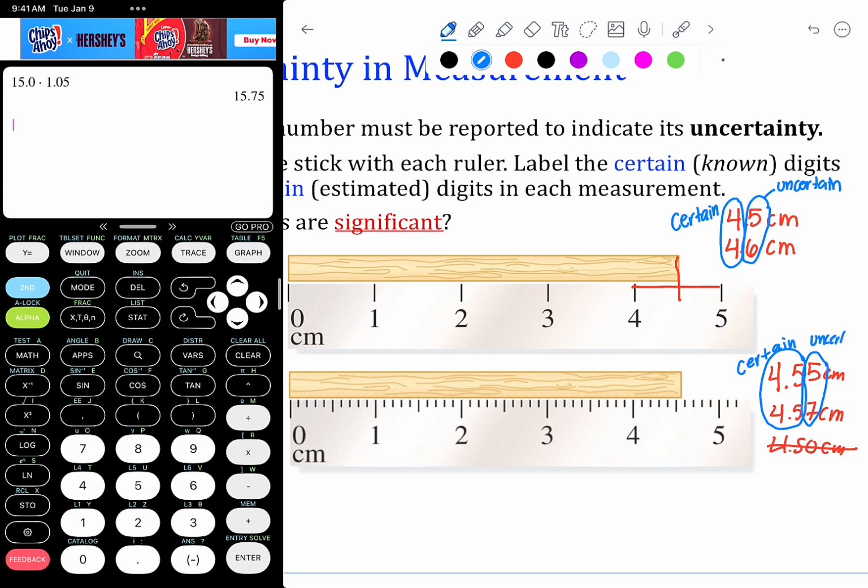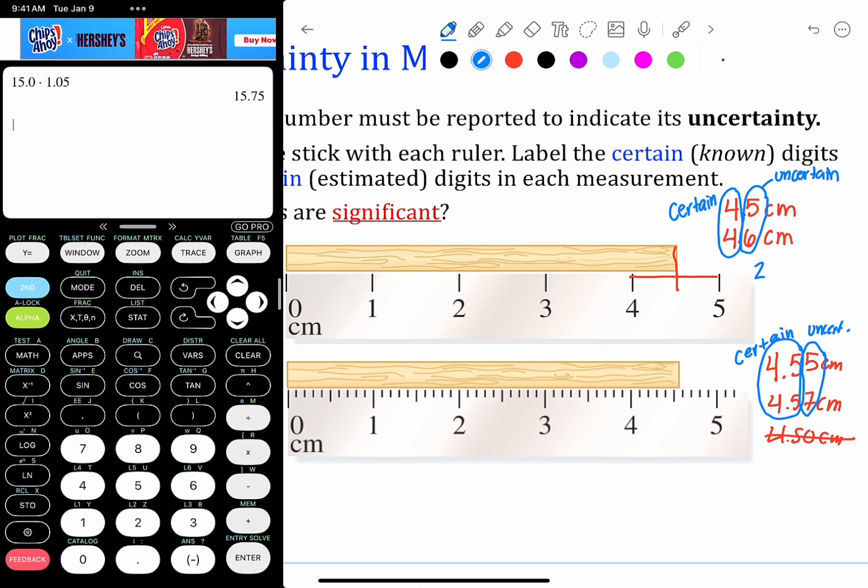So we are uncertain about that last digit. But with that, all of our values are significant. So we can say here that we have 2 significant values. And here we have 3 significant values.